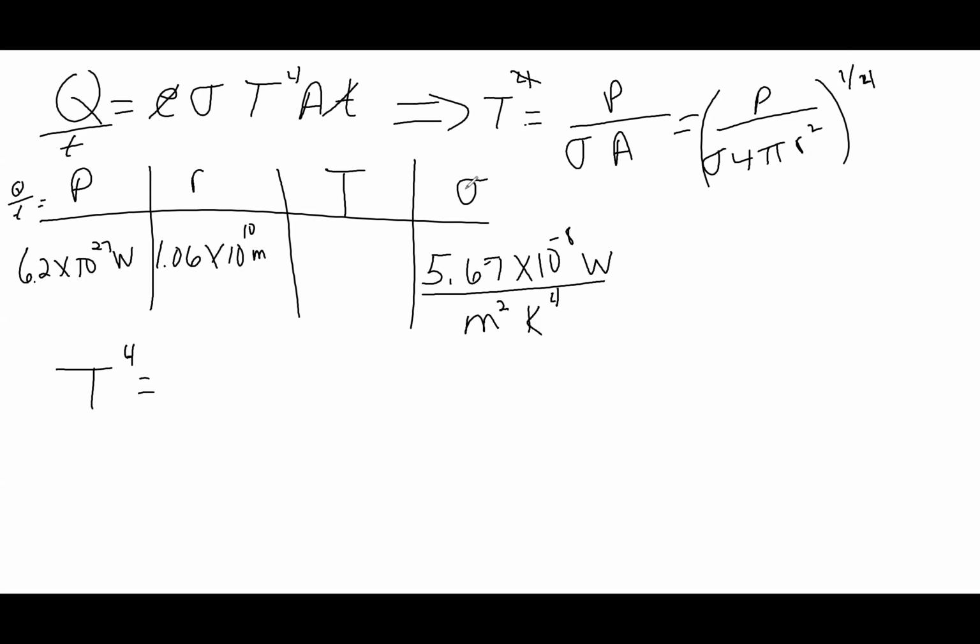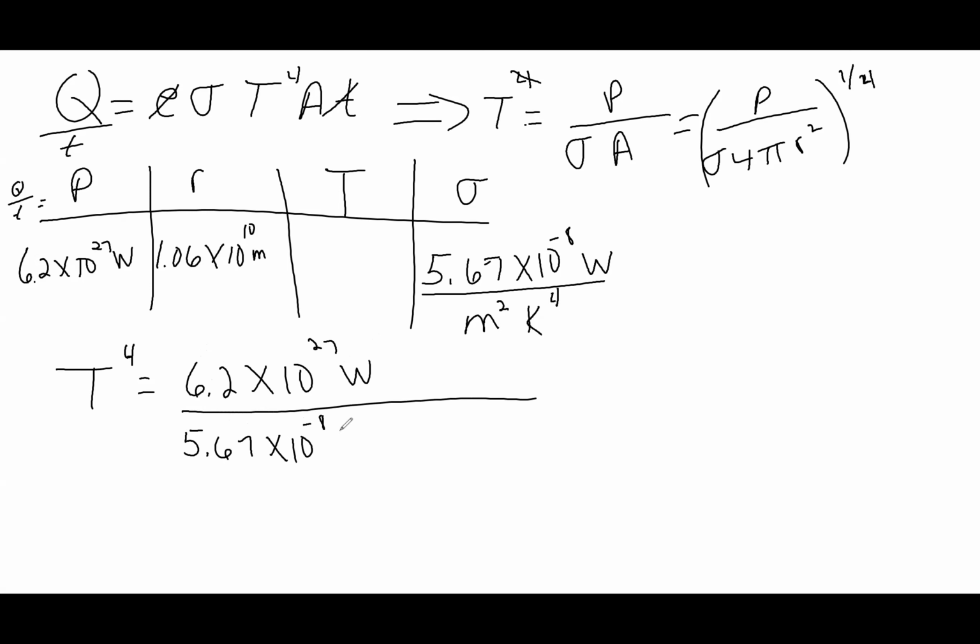So let's plug in our values. Power, 6.2 times 10 to the 27 watts, divided by sigma, 5.67 times 10 to the minus 8 watts per meter square, Kelvin to the fourth power.